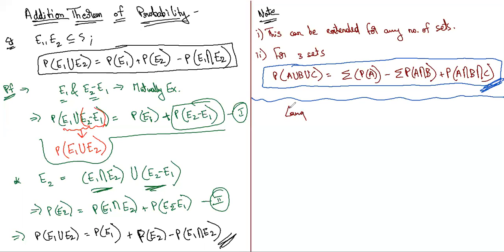One more small heading. I call this the language of probability. This will make it a little easier to attempt the questions. Language of probability means how to interpret the questions in terms of sets.